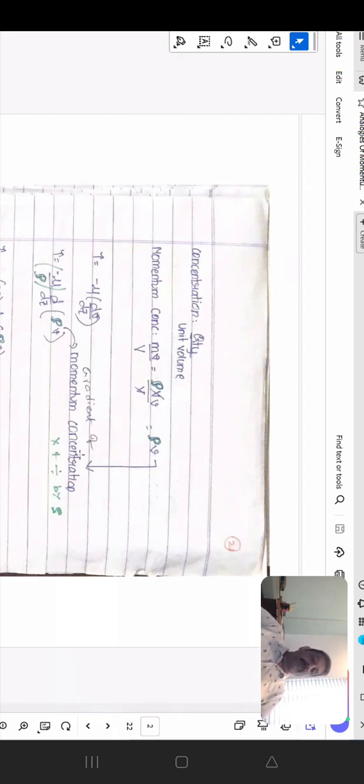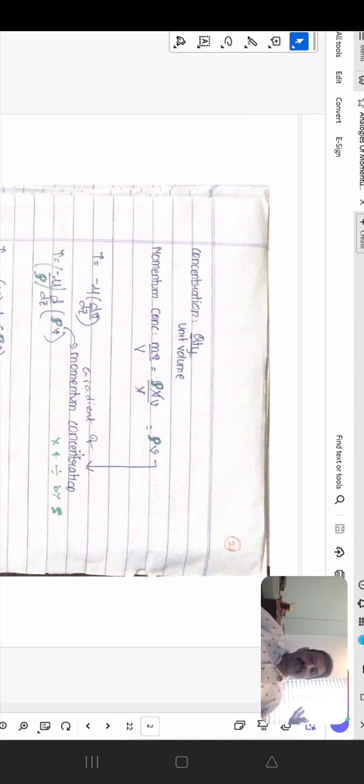So quantity per volume. What is the quantity in momentum transfer? Momentum is the quantity: concentration of momentum from one layer to the other, transfer of momentum from a higher momentum layer to a lower momentum layer. So the quantity here is momentum. So m into v is momentum per unit volume.